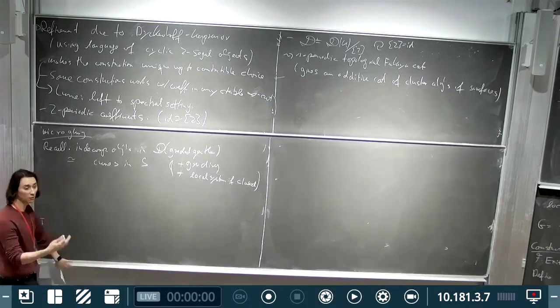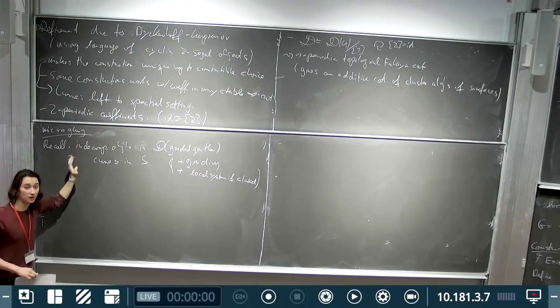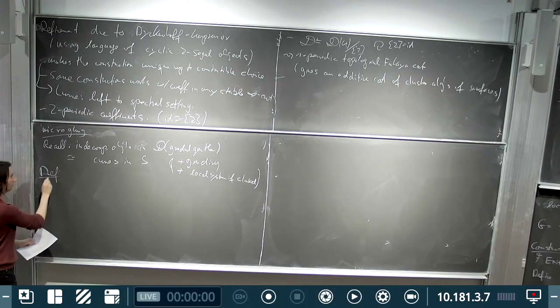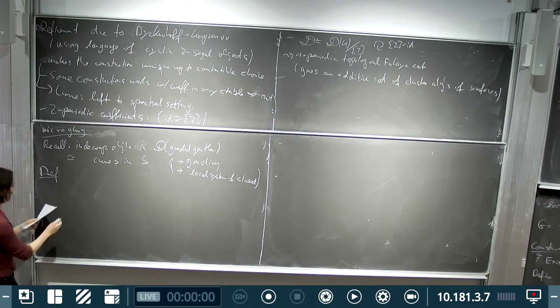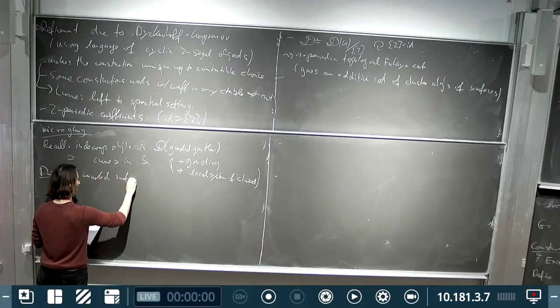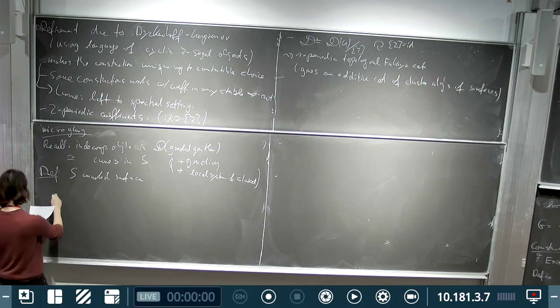I won't reprove this classification, though you can do this with sheaf theory as well. Let's now first do something simpler and just construct these objects. So S is a marked surface. The simplest types of curves you can have are so-called arcs.